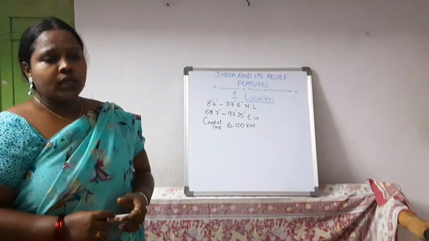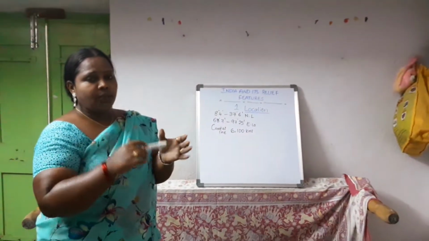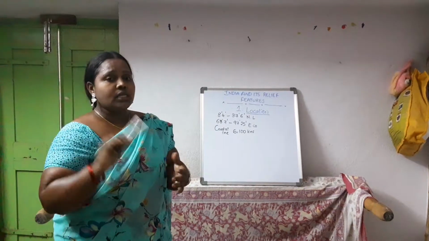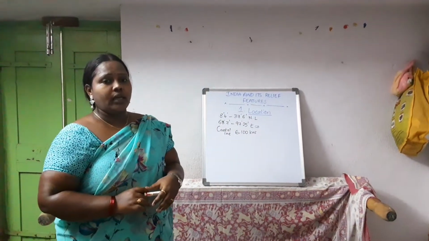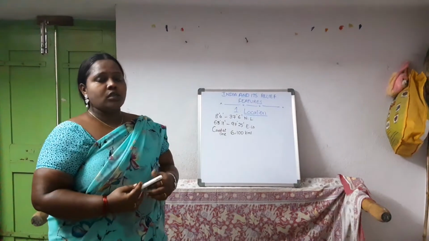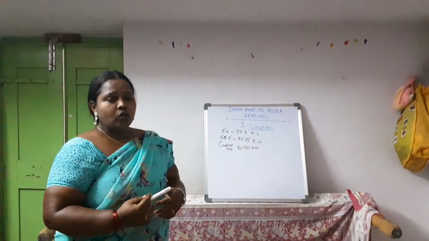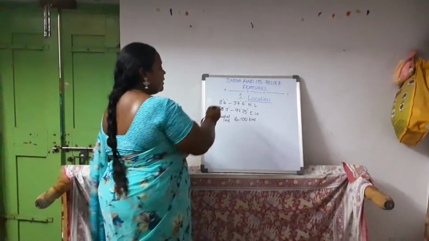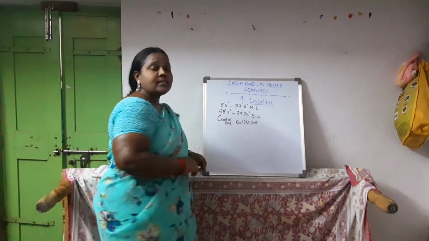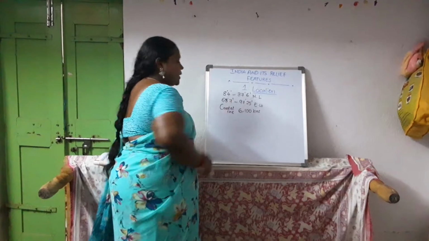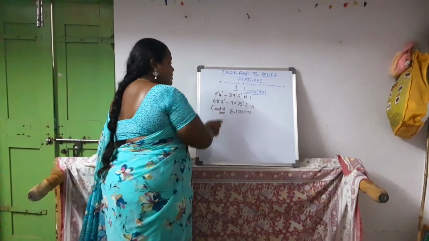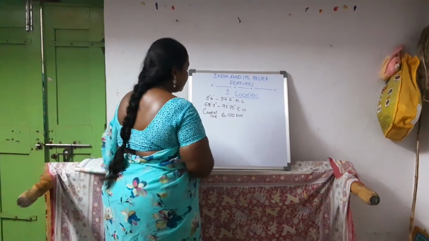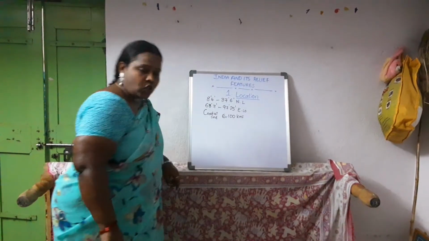In general, location means you just identify the place on the globe, but if someone asks you the exact location of India, you have to give this answer: India is located between 8 degrees 4 minutes to 37 degrees 6 minutes north latitudes and 68 degrees 7 minutes to 97 degrees 25 minutes east longitude.